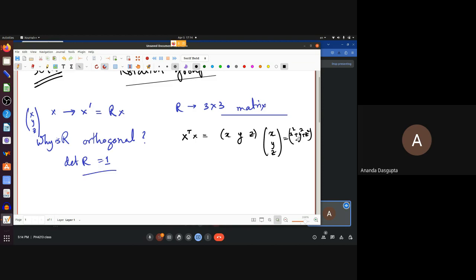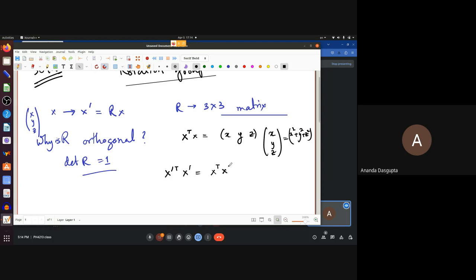Physicists definitely don't. So this is the number x squared plus y squared plus z squared, which is of course the length squared of a vector. And one property of rotations, which are of course rotations about the origin, is that they do not change the length of vectors. So one thing that must happen is x prime transpose x prime must be equal to x transpose x.